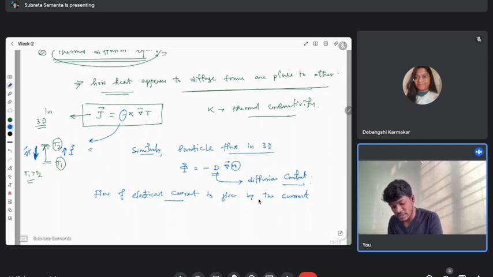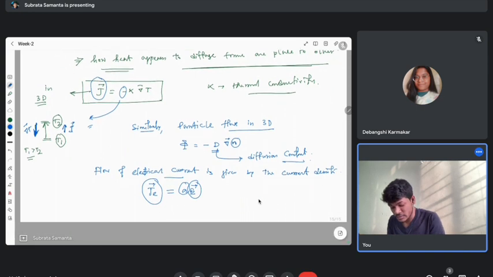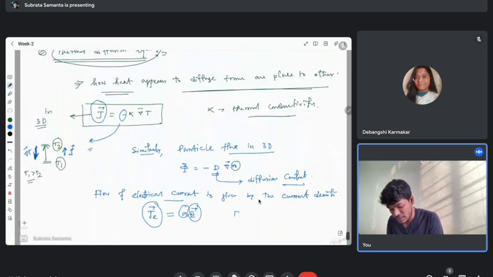In this case we write that Je, the current density, is like a flux, similar to heat flux. This is actually sigma times E, where sigma is the electrical conductivity and E is the electric field.